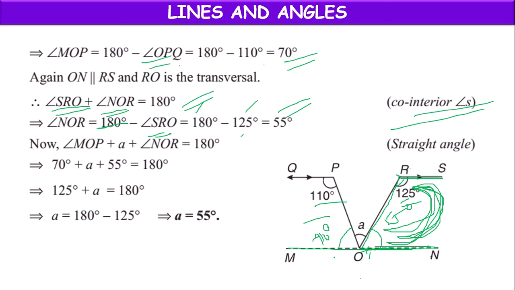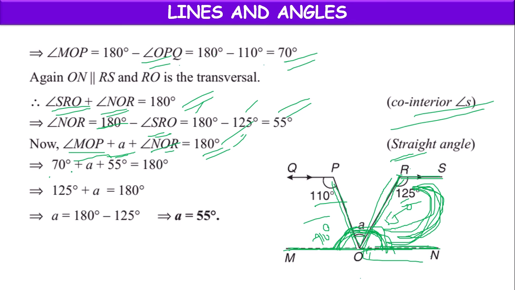But now, if you observe this straight line MON, these three angles are lying on the same straight line. So MOP, this angle A, and NOR, these three angles will be equal to 180 degrees because they are lying on the same straight line.